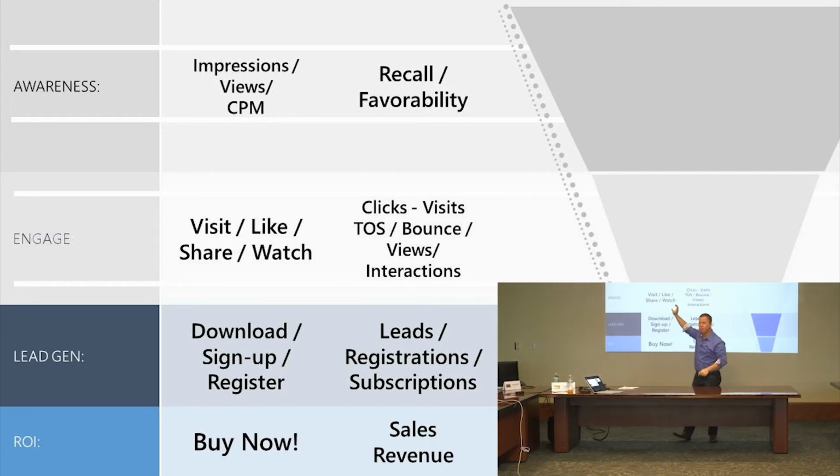If those are your top level goals, it's awareness and visibility. Now, once we start getting into engagement, now I'm measuring clicks. Now I'm measuring likes. Because if my goal is simply engagement, then that's the level that I can measure to. And these are KPIs if my goal is one level deeper. You see how that works?